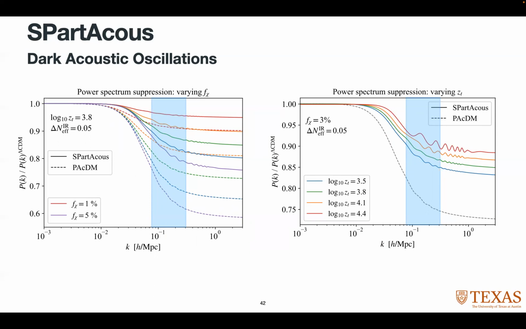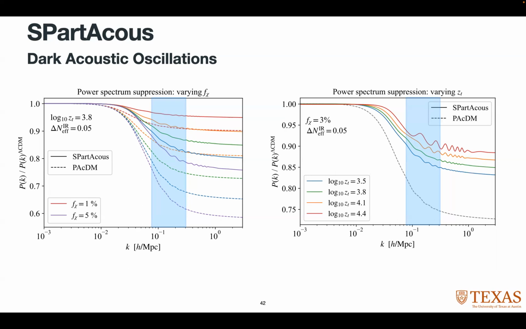This value is the redshift of transition, which is proportional to the length of the dark electron. As you can see, this solid line is for the PAcDM, and there are much more oscillations for PAcDM because there is no cutoff in the integration.